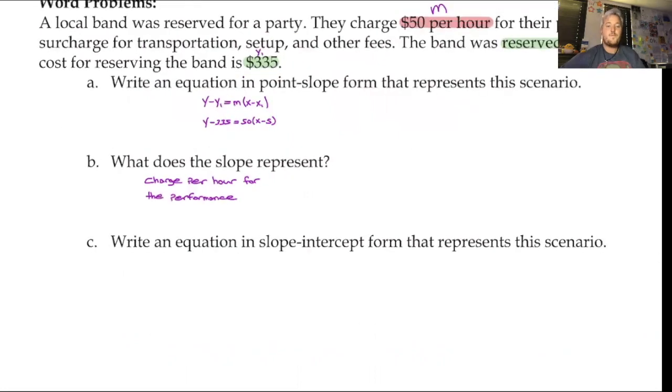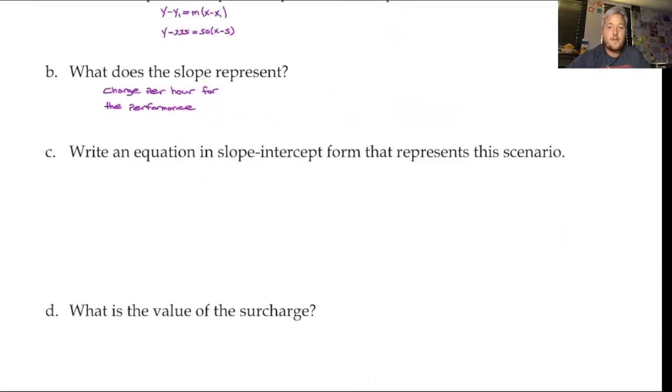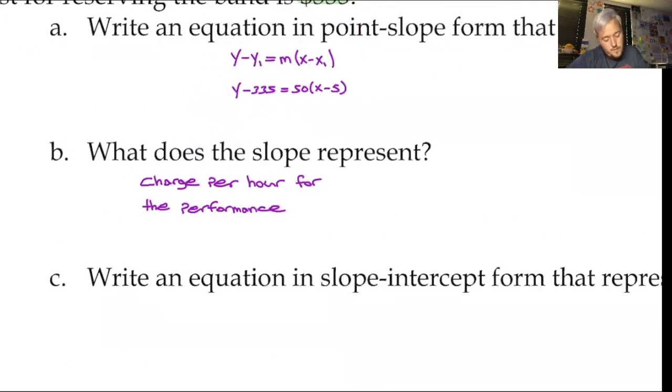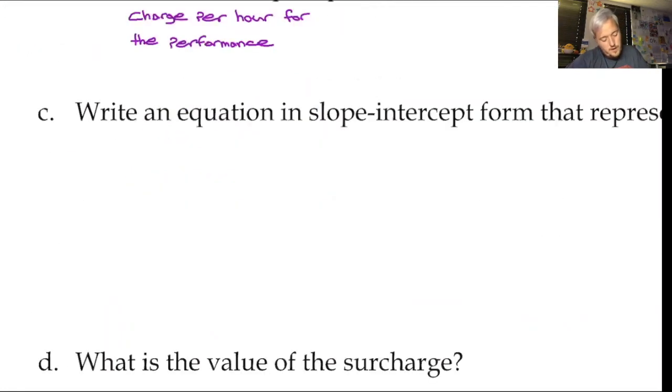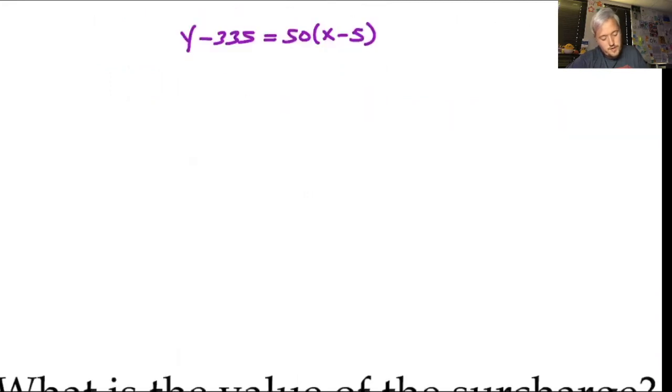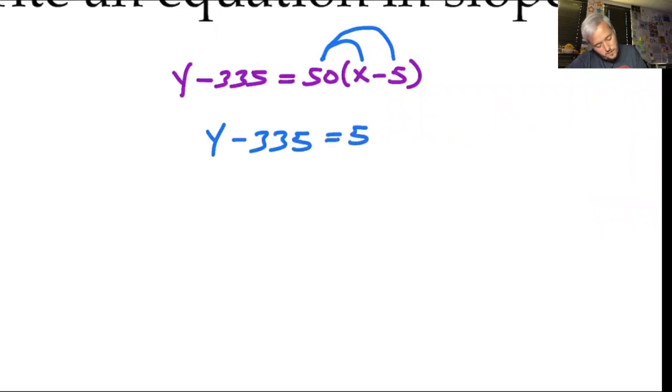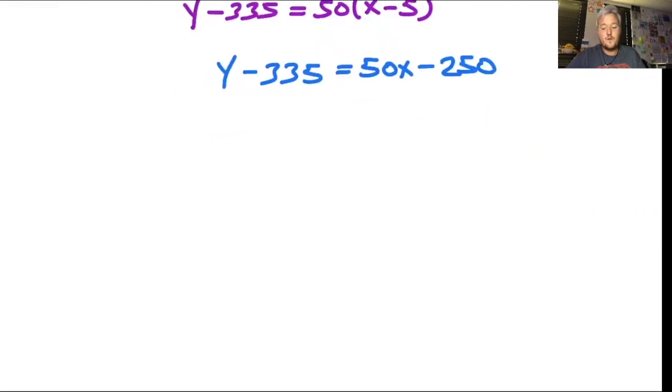All right. So now we want to write an equation in slope-intercept form that represents the same scenario. So I'm going to take my equation from part A, copy it down here, and convert it to slope-intercept form, which means I'm going to solve for y. So I'm going to distribute. So I have y minus 335 equals 50x minus 250. So now I want to solve.